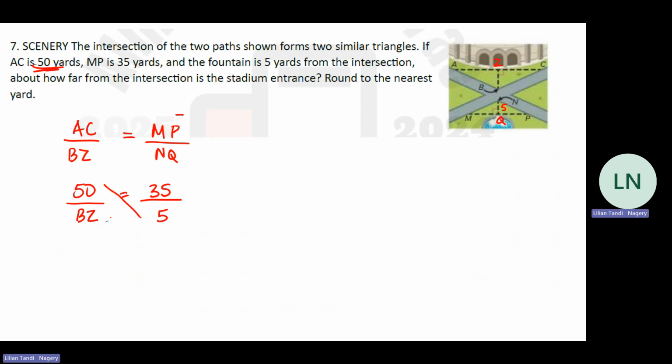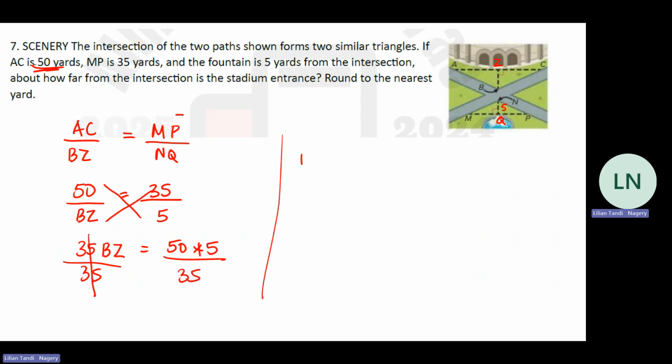Then we will do the butterfly method. So we will have 35 BZ equals 50 times 5. To get BZ, I will divide 35 on both sides. This goes away. So BZ equals 50 times 5 divided by 35.